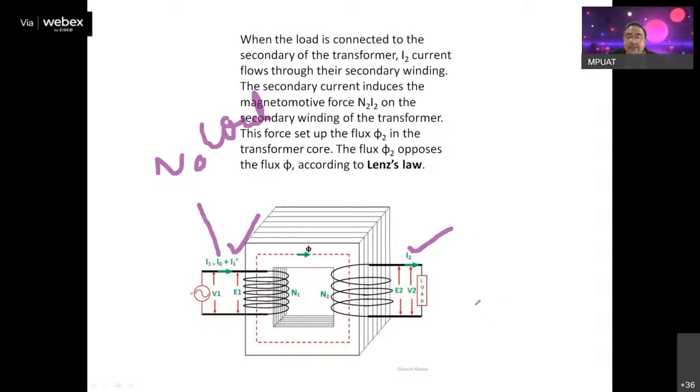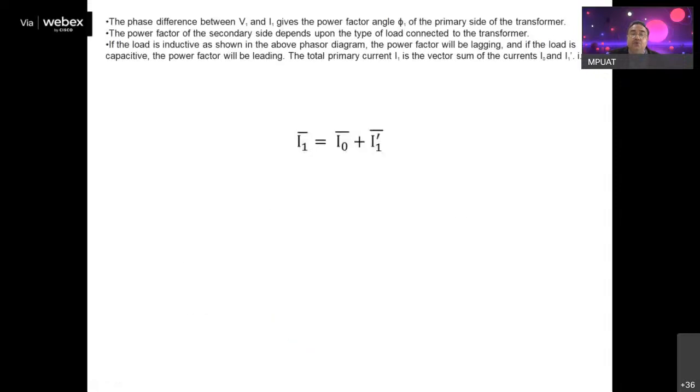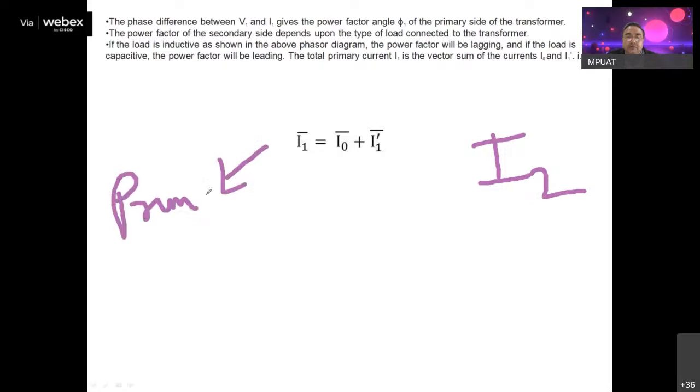तो मैं आगे से ये कहूंगा कि जो प्राइमरी करंट है, इट इज द which type of sum? The phasor sum of two type of current. देखिए मैंने ये बार लगा रखा है. अब आप देखिए, now the primary current I1, सेकेंडरी को मैंने कैसे रिप्रेजेंट किया? I2 के साथ. सेकेंडरी करंट वाज I2 and primary current is now, this is primary current. And this I2 is secondary current.